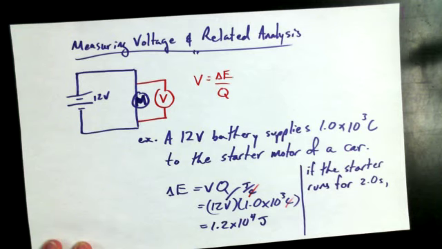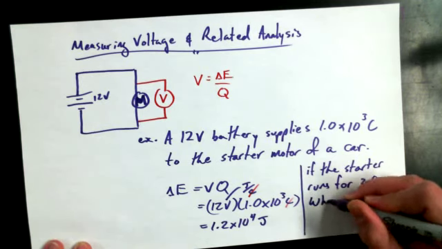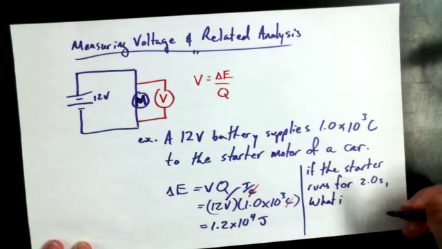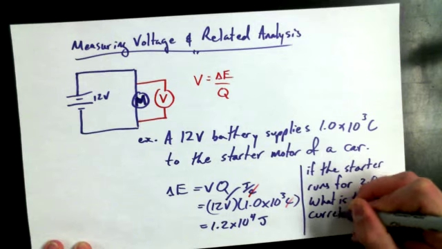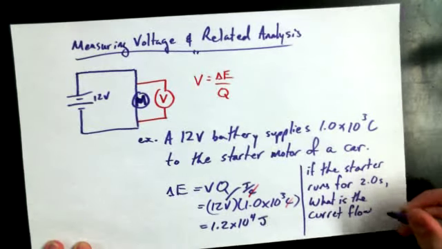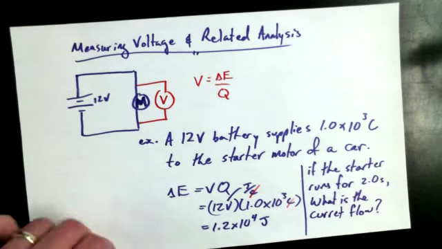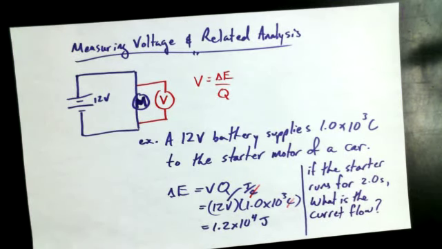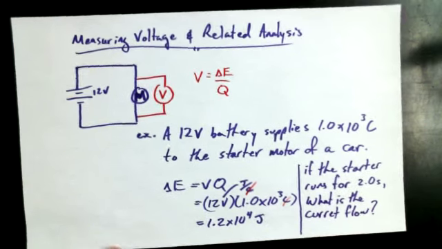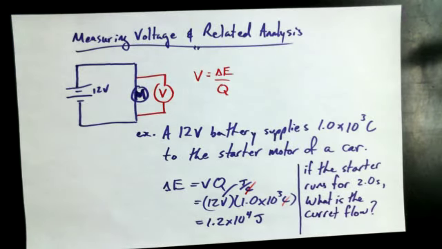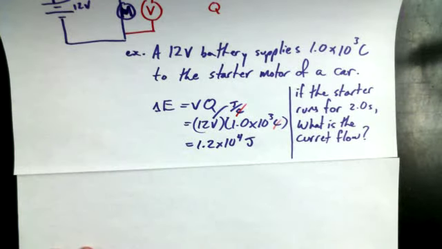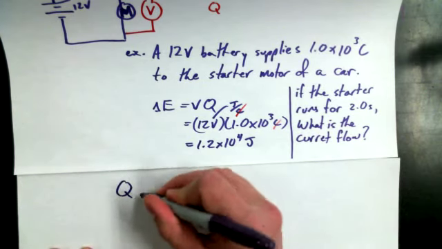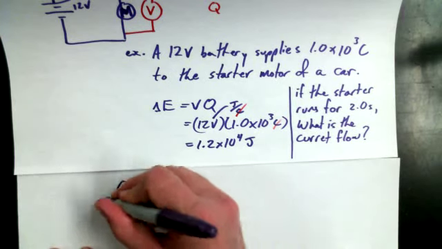What current is flowing? What is the amperage? What's the I value? How could I get the current based on what I know? Yeah? Q over delta T. Okay, I could go straight to Q over delta T. That is equal to current.